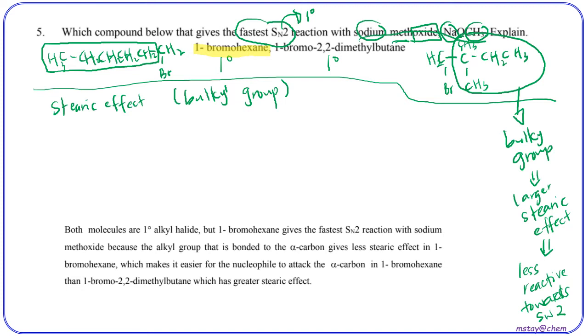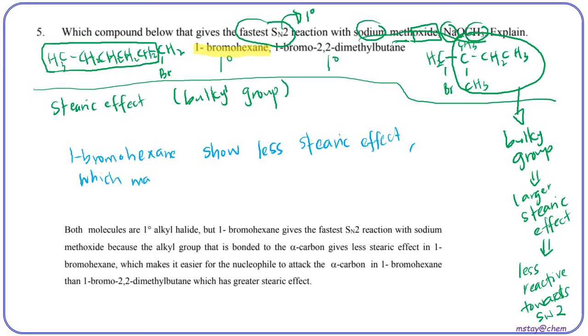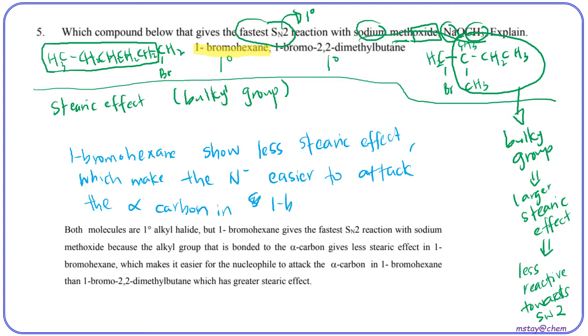You have to mention that 1-bromohexane shows less steric effect, which makes the nucleophile easier to attack the alpha carbon in 1-bromohexane.